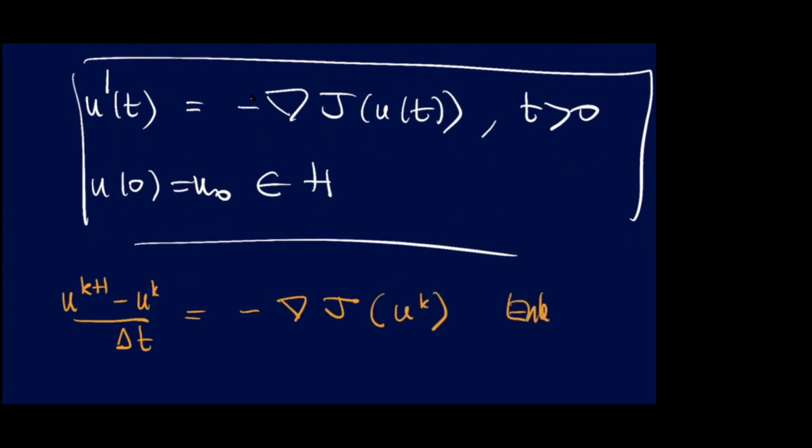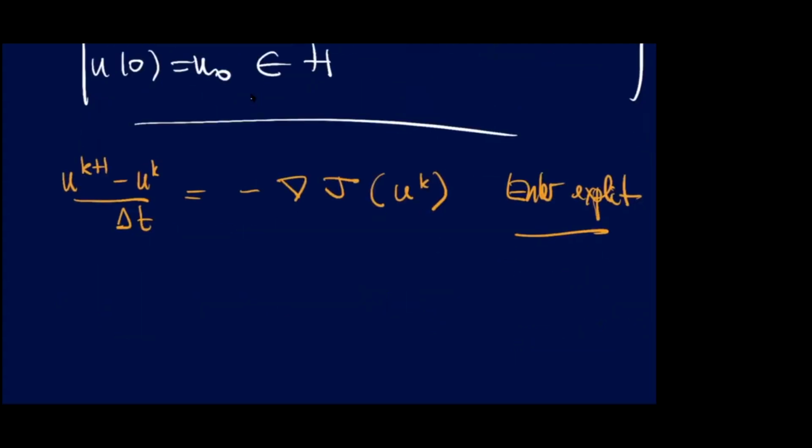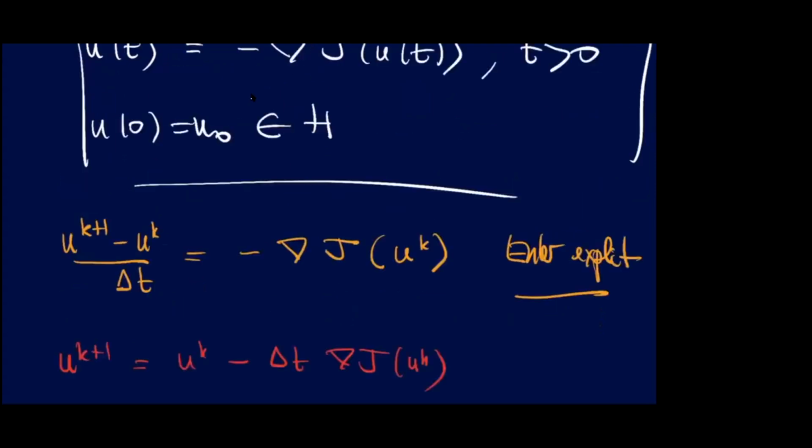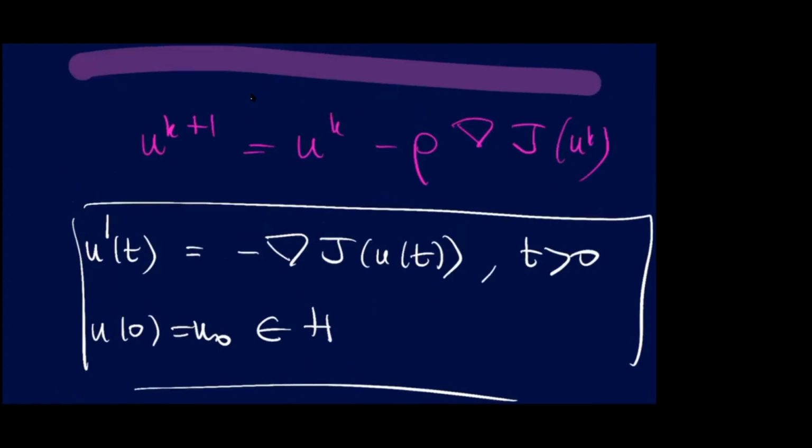If I do the Euler explicit discretization, this is what I get. And if I make this even more explicit, what I realize is that then u_{k+1} is simply given by this.